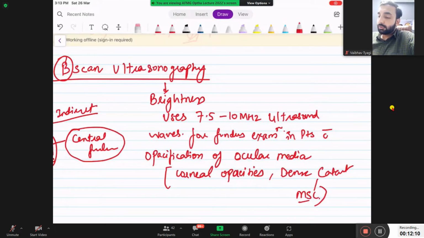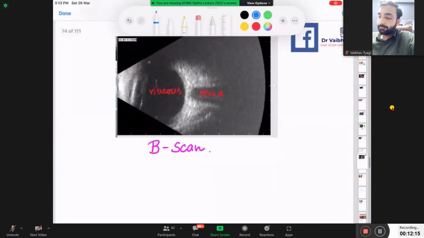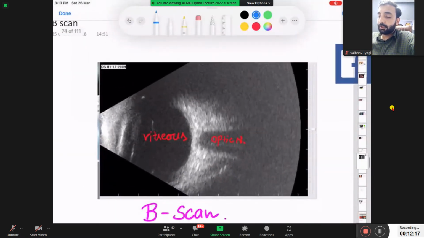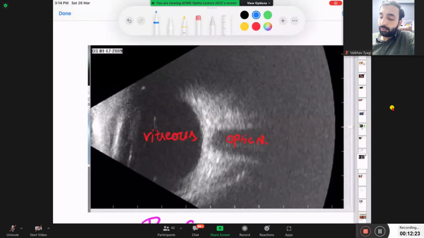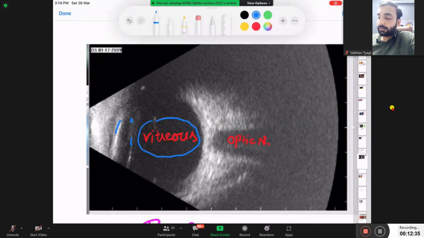How does the image of B-scan ultrasonography look like? This is the normal picture of B-scan ultrasonography. You have to focus on the shadow. Can you see this shadow? This shadow is of your biconvex lens. This is your cornea. And this cavity is your vitreous cavity.